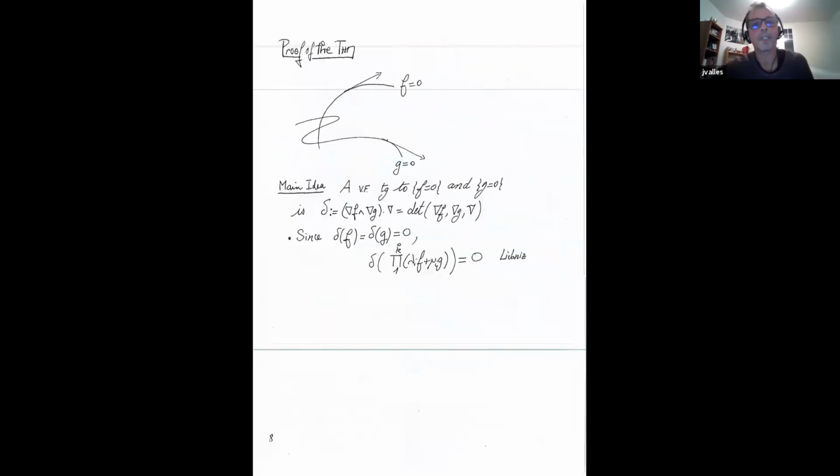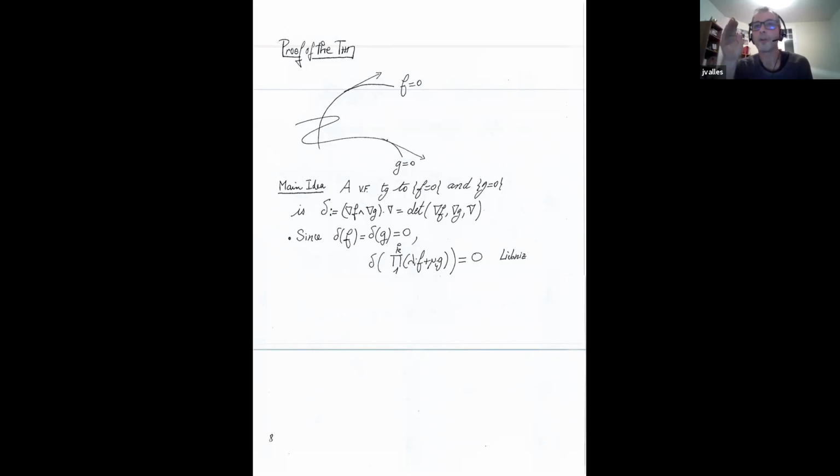So let me say a word about the proof. The main idea here is to find a derivation, a vector field, which will be tangent to F equal to 0 and to G equal to 0 in the pencil, the two generators of the pencil.